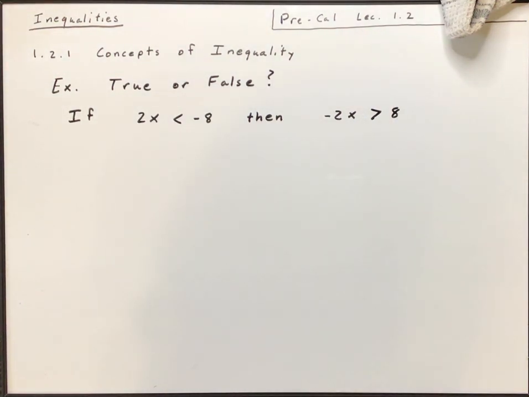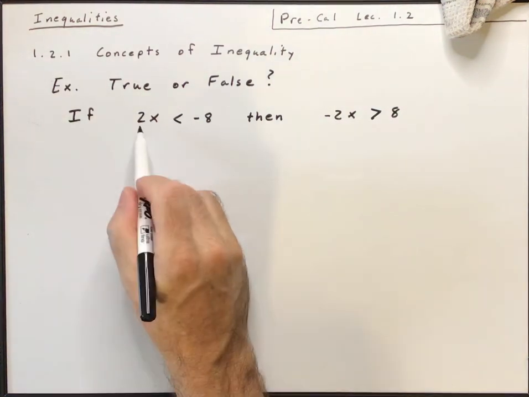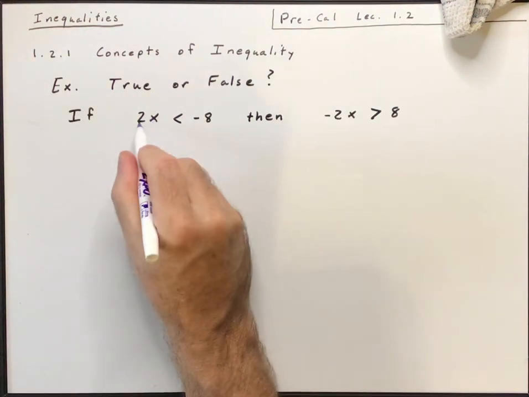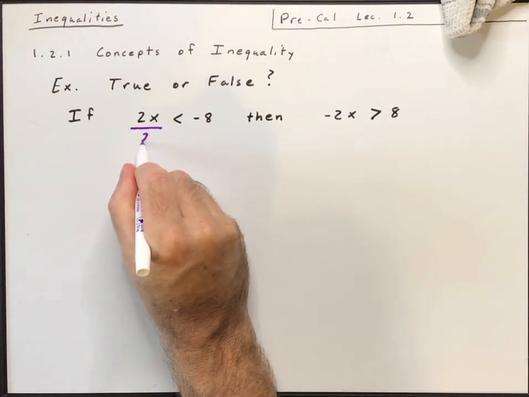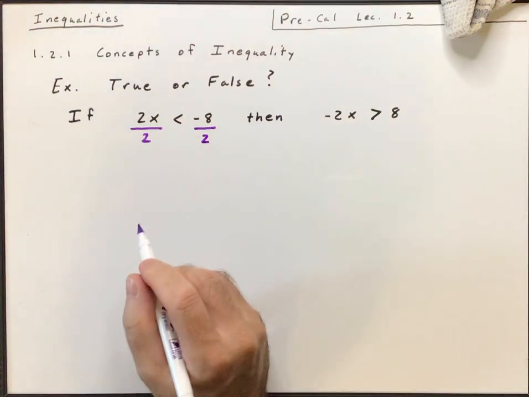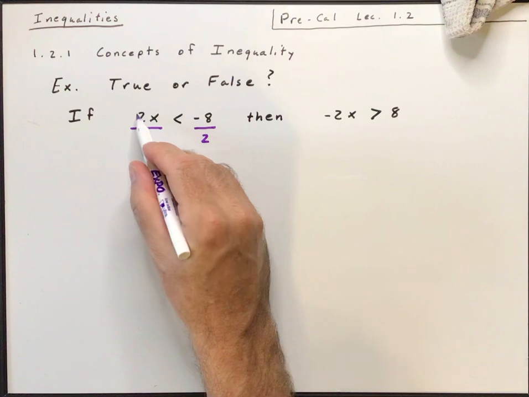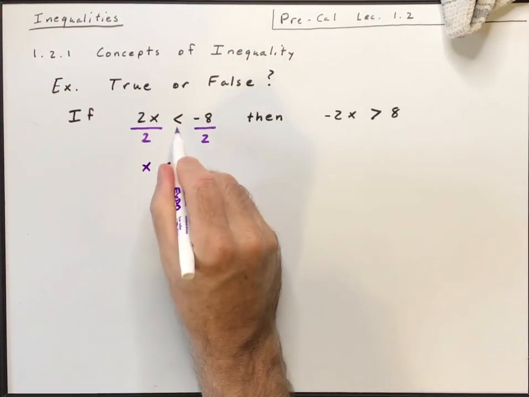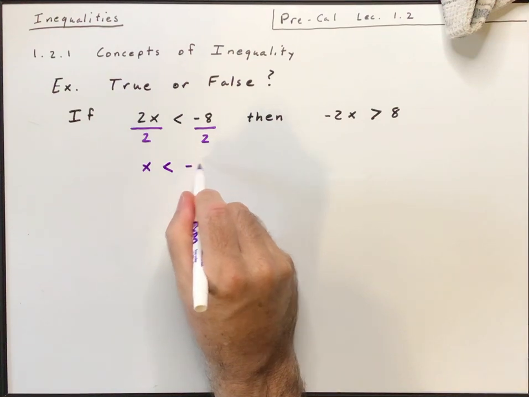So we want to know, is that true or false? For this one, so that we can solve for x, we would divide both sides by 2. We just want to solve for x. If we do that, the 2's cancel, and you have x less than negative 4, we don't flip the sign.